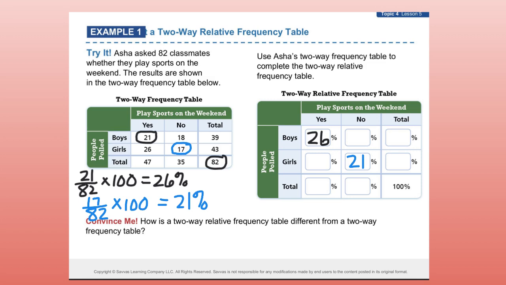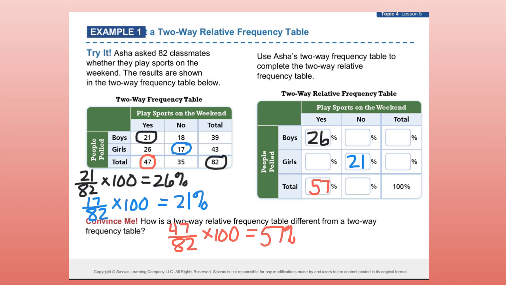All right, we're going to do a couple more together and then I'll just fill in the rest for you. Let's go ahead and do total yes is 47 kids out of 82 were asked. Times 100 makes a percent. 57% goes right here.